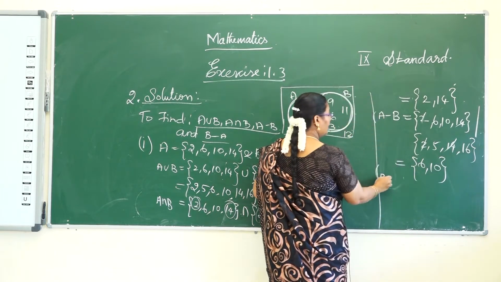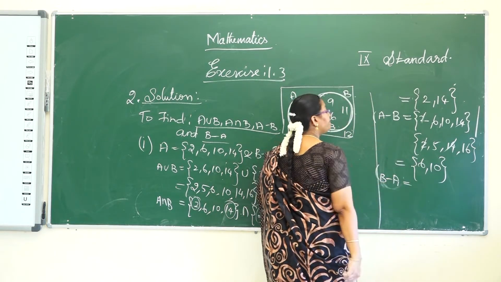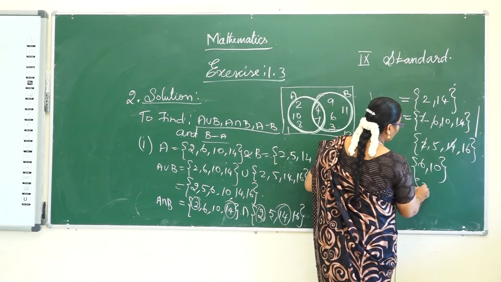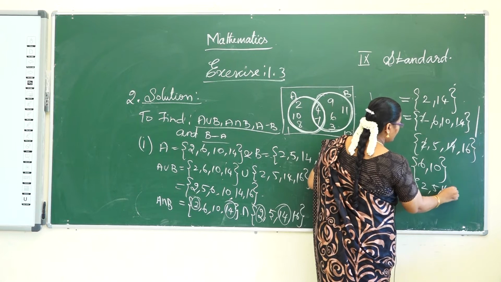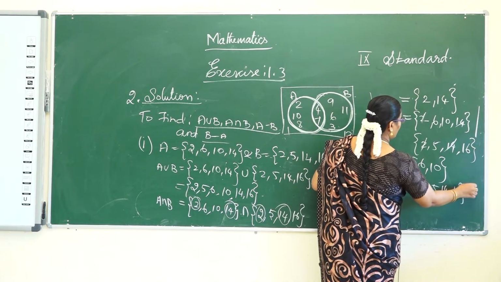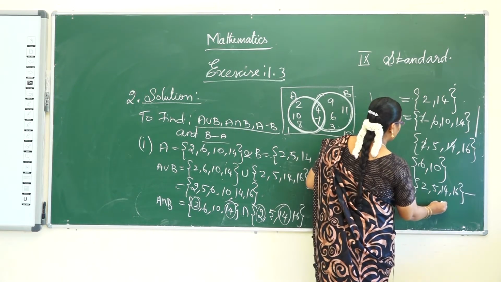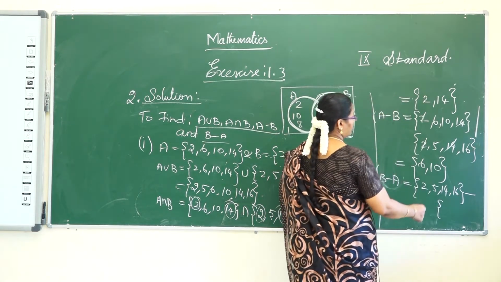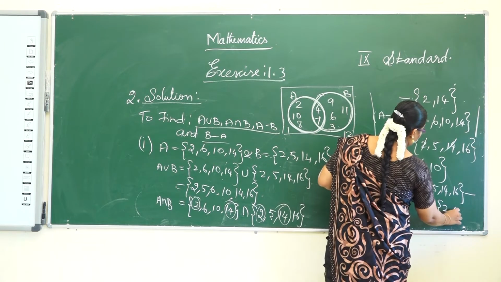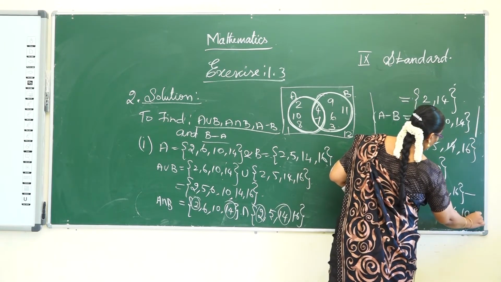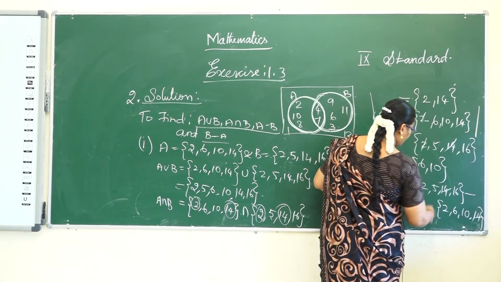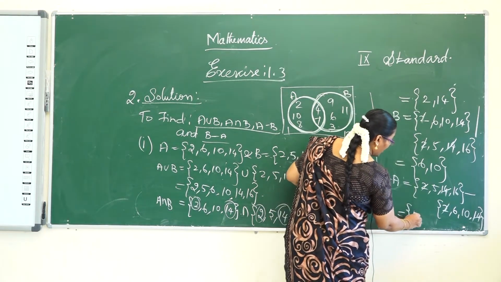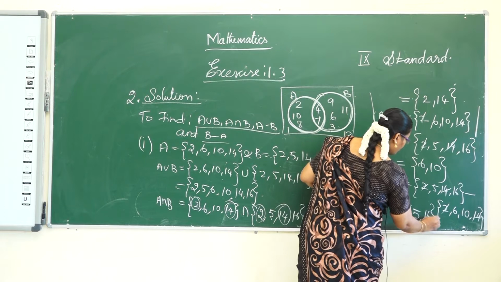And then B difference A. So write the elements in set B: 2, 5, 14, 16, difference 2, 6, 10, 14. So common elements cancel. So the remaining elements in set B are 5 and 16.